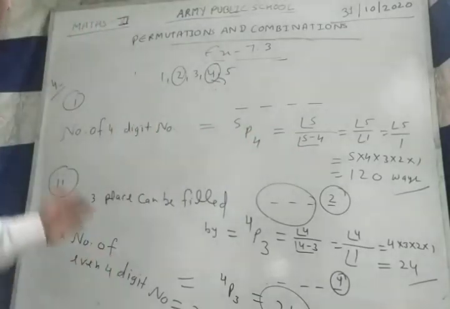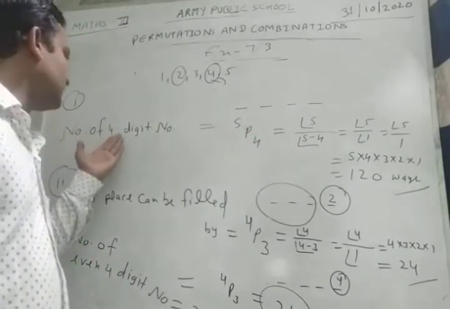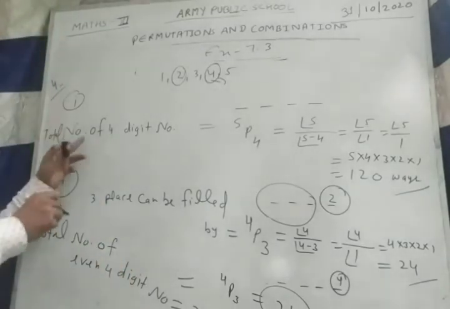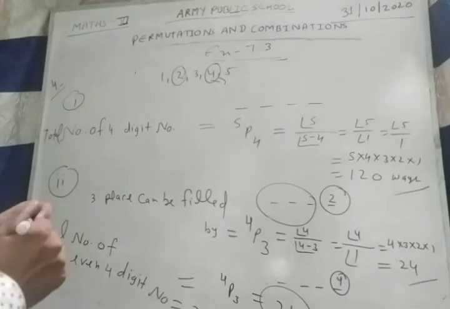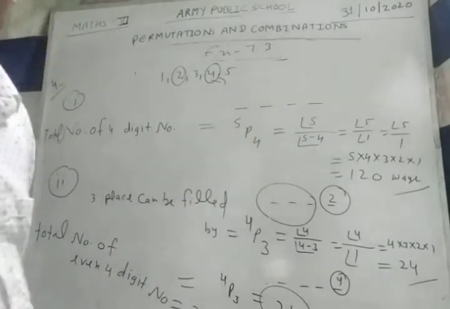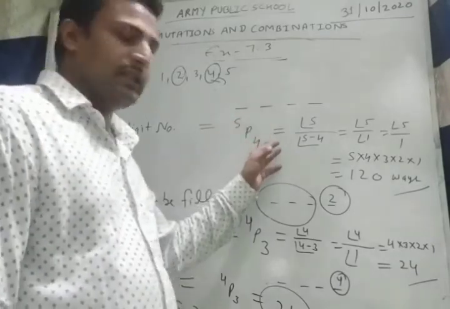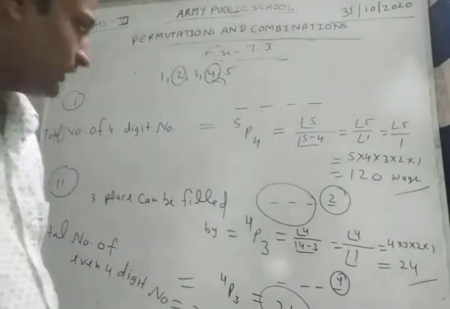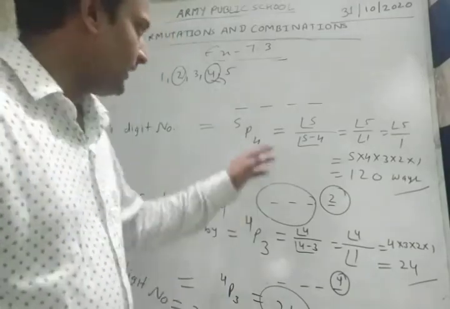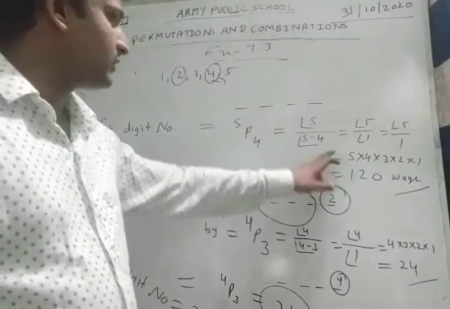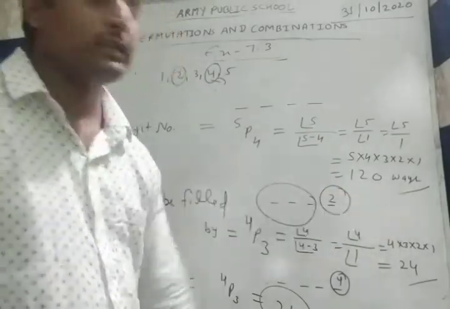So the total number of 4-digit numbers will be 5P4. We are arranging 4 digits from 5 digits. It can be arranged by 5P4 ways. So we can solve and get the answer, 120 ways.